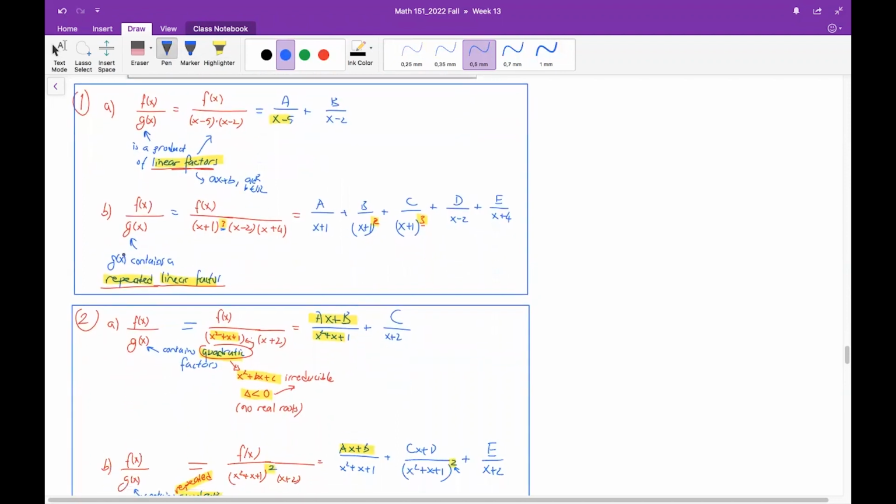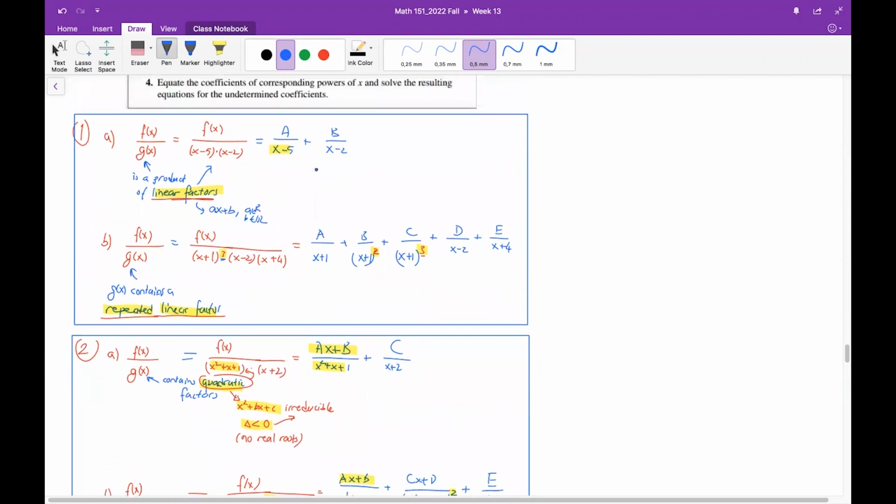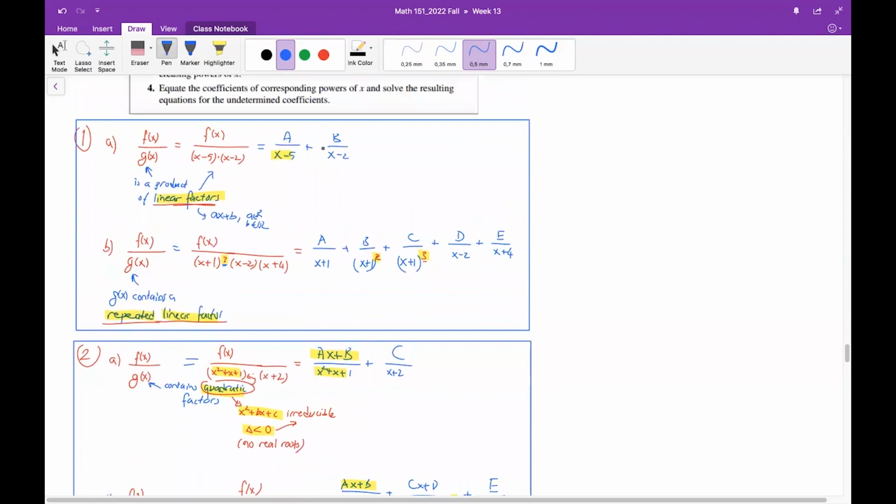What if g of x contains repeated linear factors? For example, x plus 1 to the power 3. This is a repeated linear factor. Then you apply a similar decomposition. You also have x minus 2 and x plus 4, which are still linear factors, and for them you put constants and write partial fractions like this.